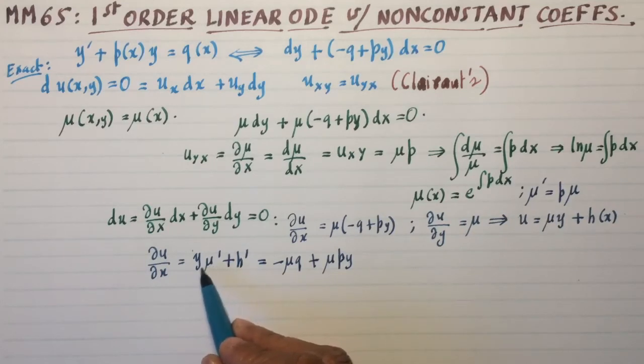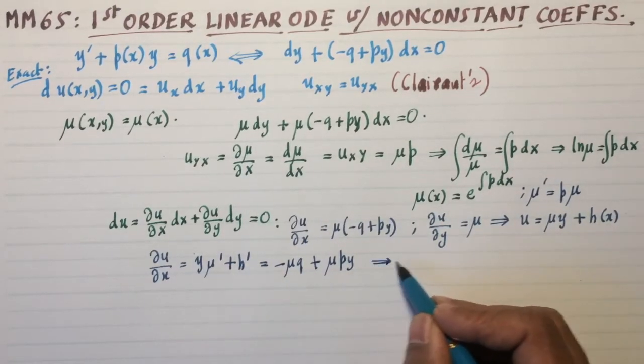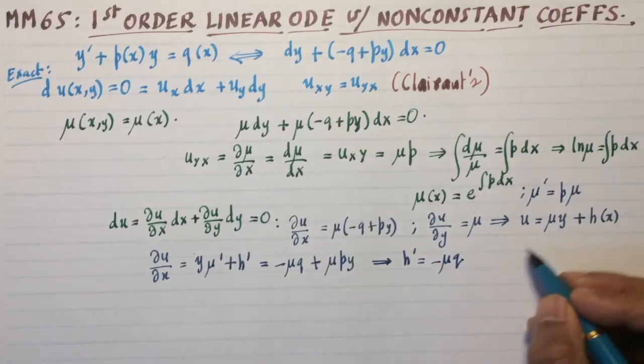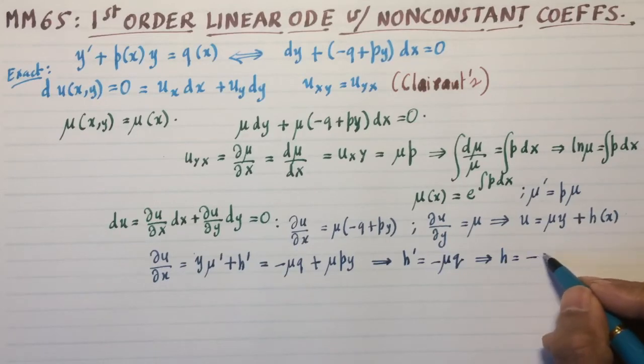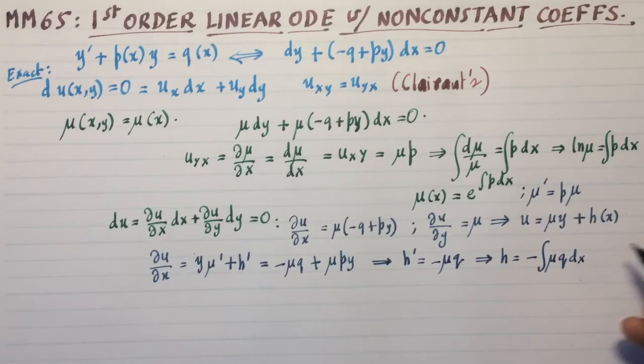So I'm going to get this and this to be equal, which means that h prime equals minus mu q. And that tells us that h equals the negative integral of mu q dx, where I'll take the negative sign inside, minus q. Mu itself is e to the integral p dx. So you're going to get this really awful looking thing.